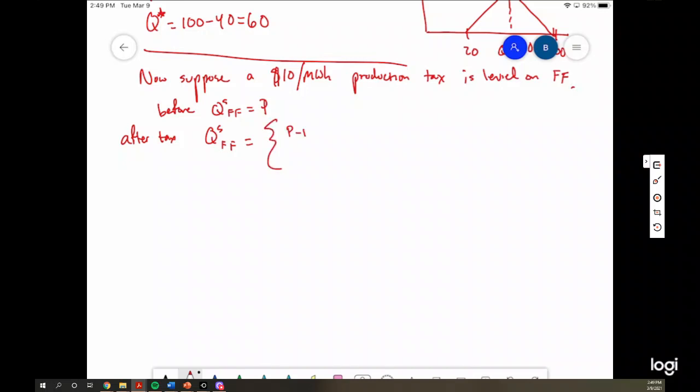It's P minus 10 if the price is greater than or equal to 10, and it's equal to 0 if the price is less than 10.